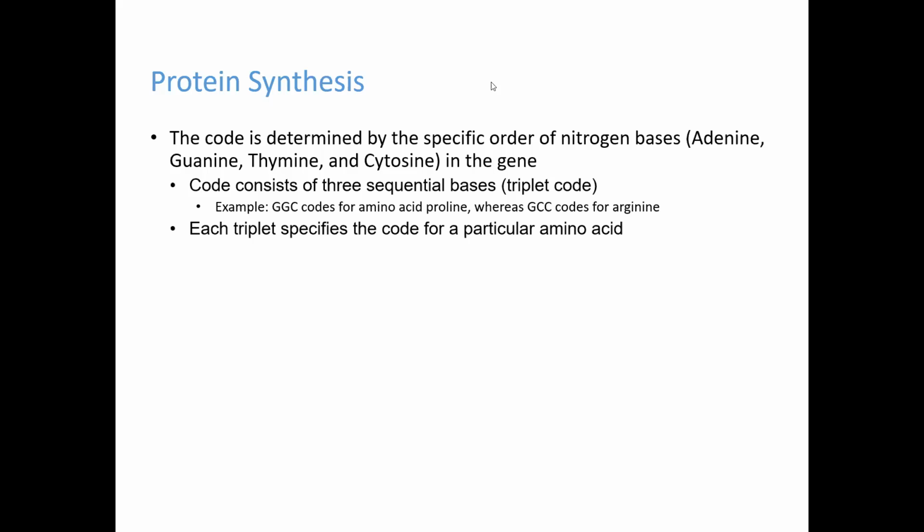So the code for the order of the amino acids in a protein, every protein is made of amino acids. The order of the amino acids is dictated by the order of the bases in the DNA. The DNA is the code book, the source book, the information manual, if you will, a cookbook. It contains the instructions on how to make every protein.